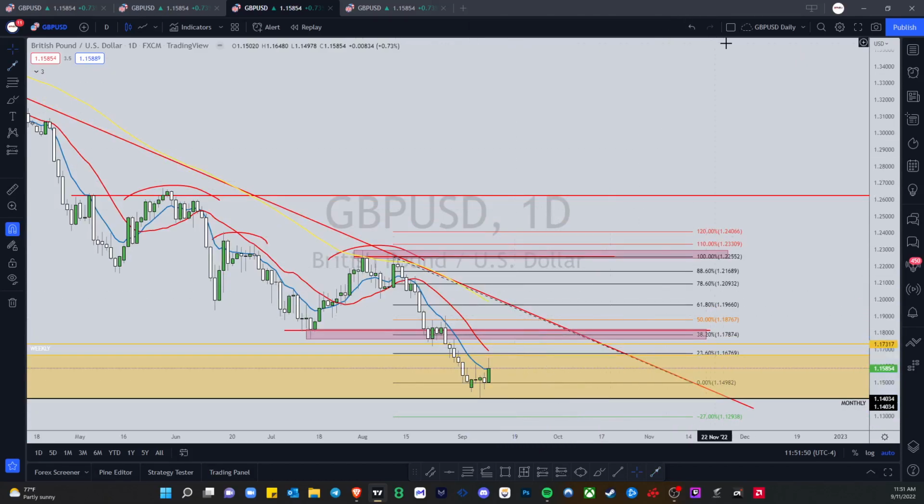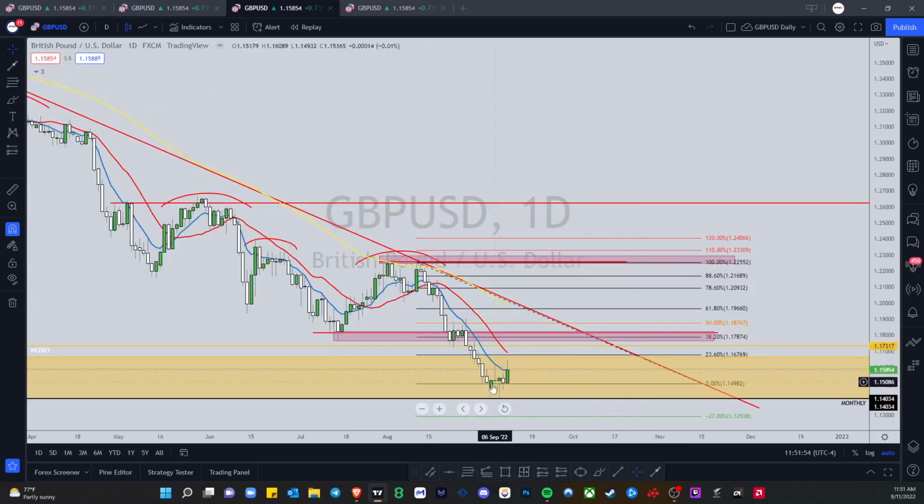All right, we're done with the daily. Daily is bearish, but counter-trending bullish right now.